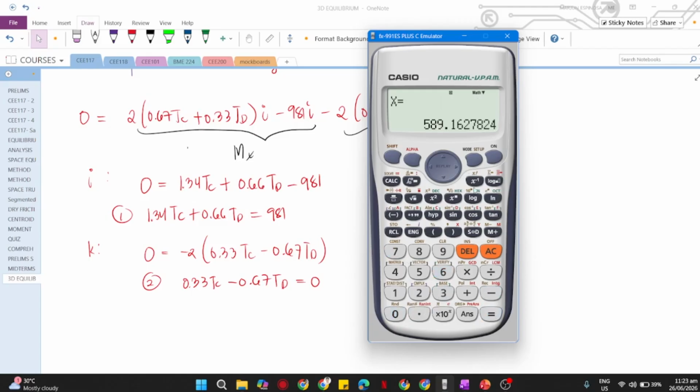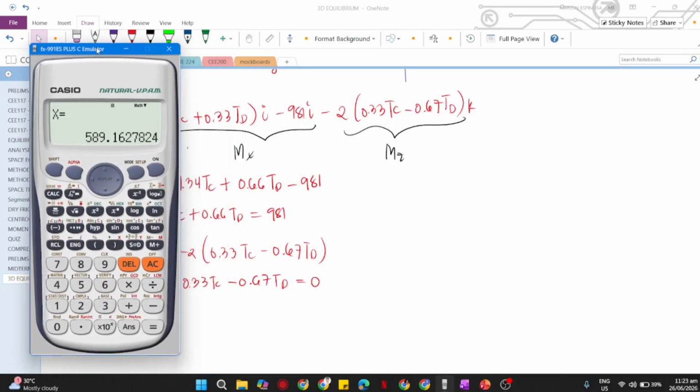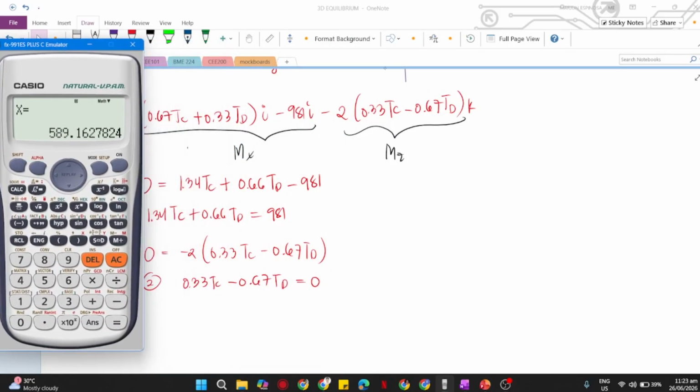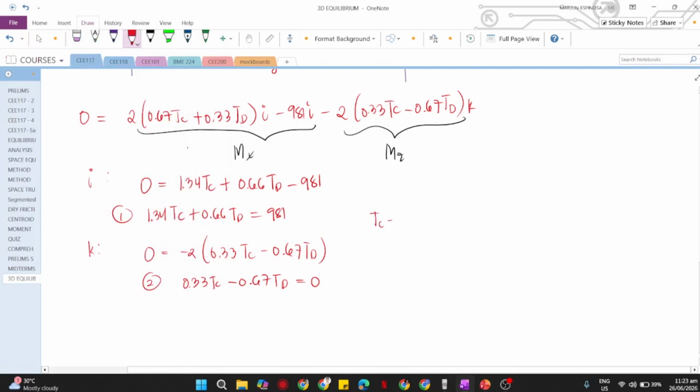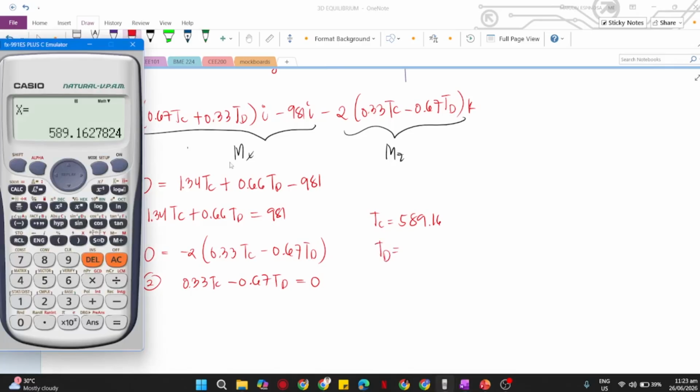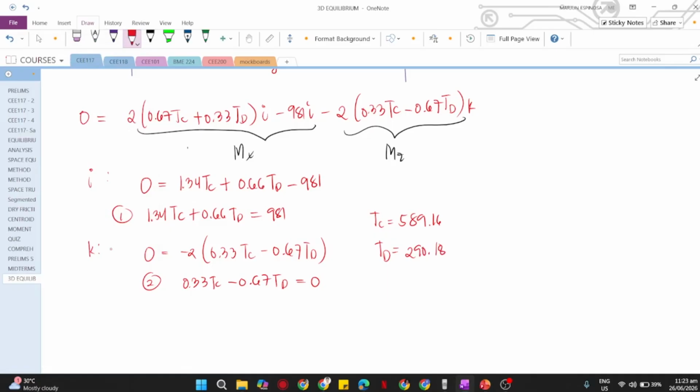So once you press equal, you get the x value, which is TC. TC is equivalent to 589.16. And for TD, that is equivalent to 290.18, all in newtons.